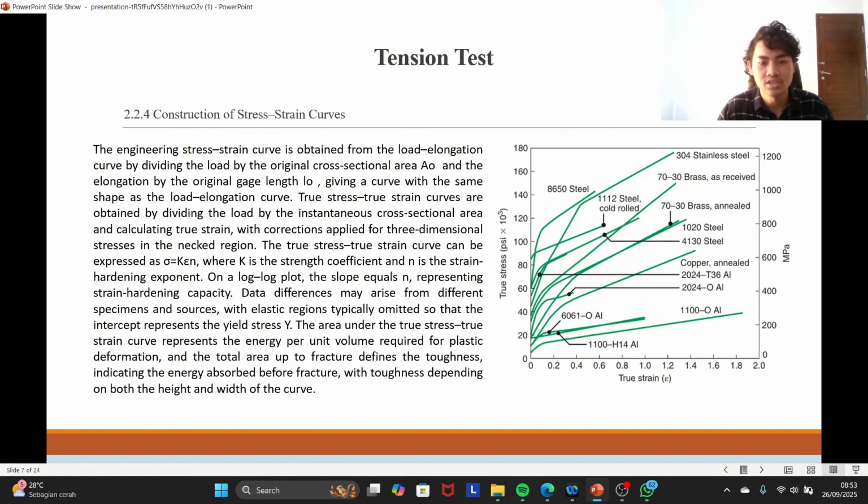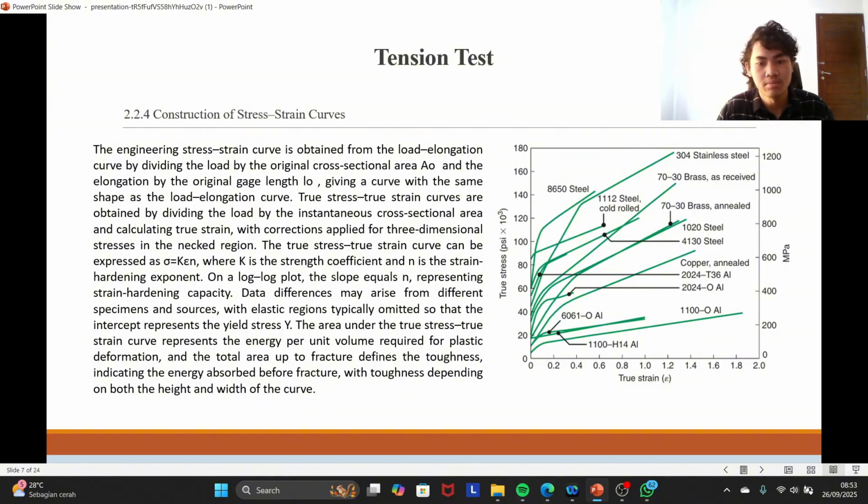The true stress-strain curve can be expressed as sigma equals K epsilon to the n, where K is the strength coefficient and n is the strain hardening exponent. On a log plot, the slope equals n, representing strain hardening capacity.